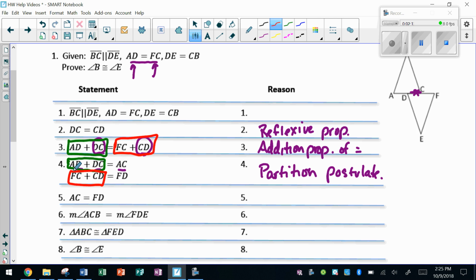So basically we can say that AC is equal to FD by substitution, because these two quantities are equal to AC and FD, and since these two quantities are equal to each other, so are AC and FD. That is a substitution. I'm going to leave you with the rest of the reasons to see if you can figure them out yourself. I'm going to pause this and go down to question 2.